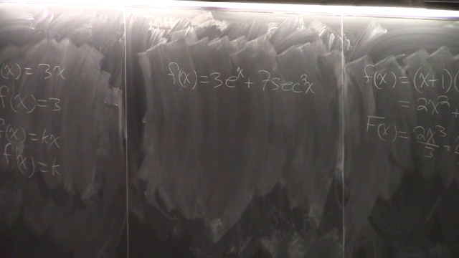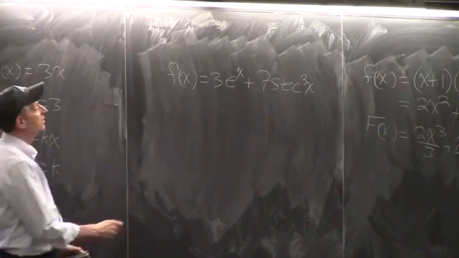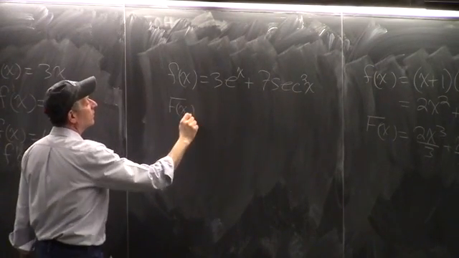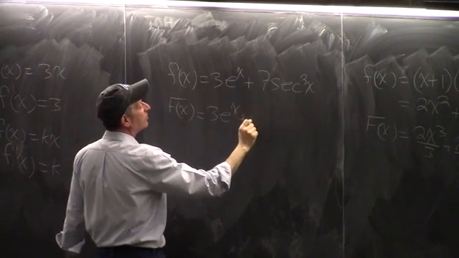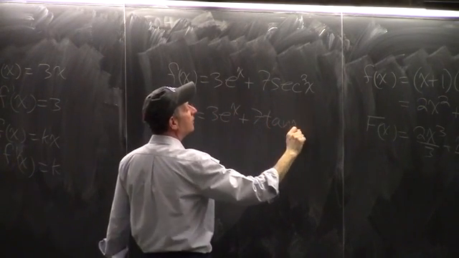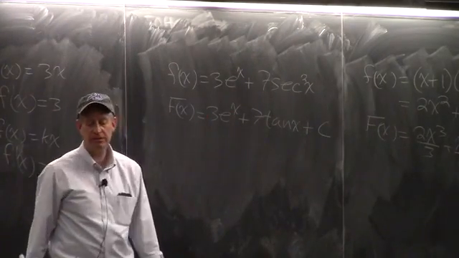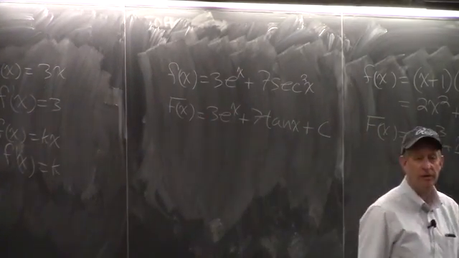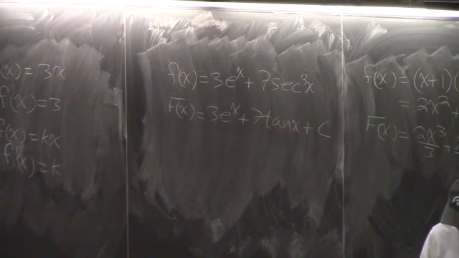So look at that. If we wanted to do the antiderivative of this, it's 3e to the x plus 7 tan x plus c. When you're not sure, take the derivative in the other direction.